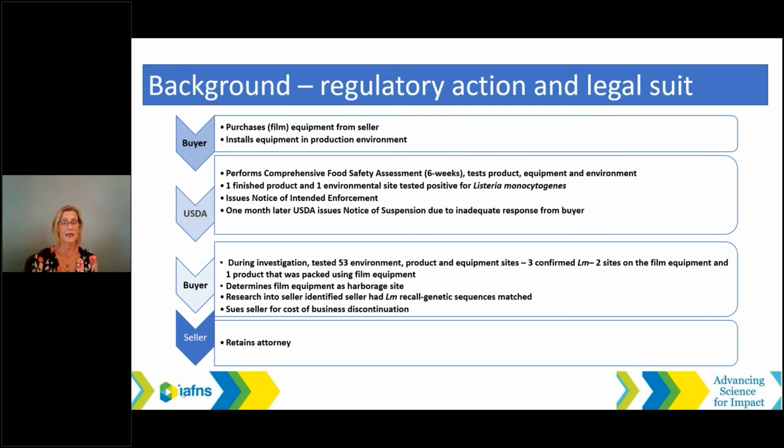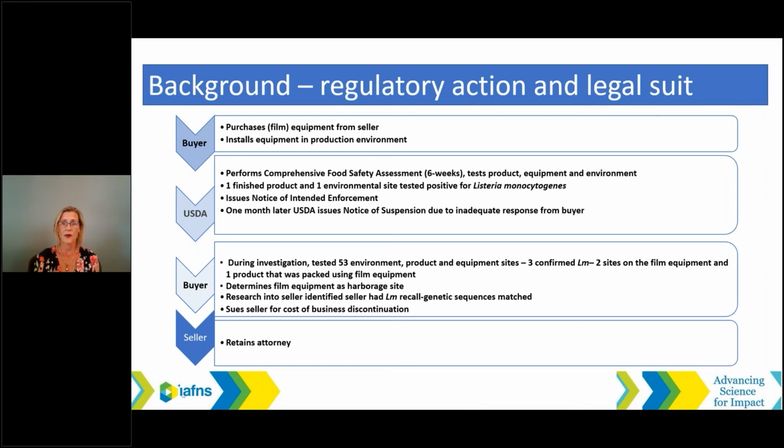The USDA issued a notice of intended enforcement, and the plant did not respond in an adequate manner. The USDA came back about a month later and issued them a suspension, suspending operations until the plant could demonstrate that they had control over this listeria issue.